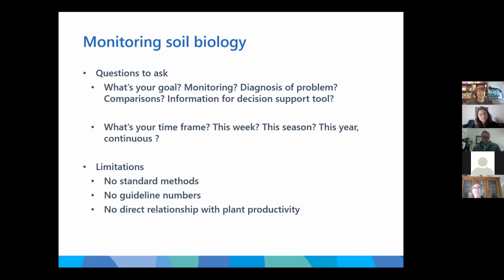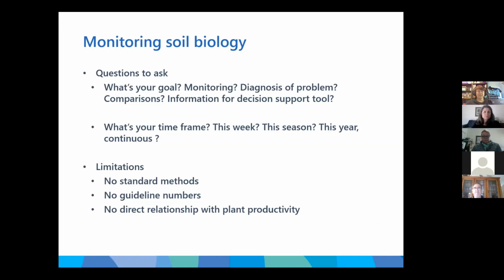There are a lot of limitations in assessing and monitoring soil biology. There are no standard methods. There are many methods that we use, that's correct, but there's no one or two or three or four methods that are accepted around Australia or around the world as very effective at giving you accurate and representative information about soil biology.